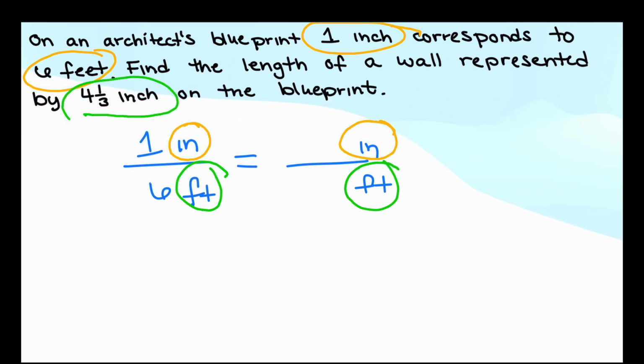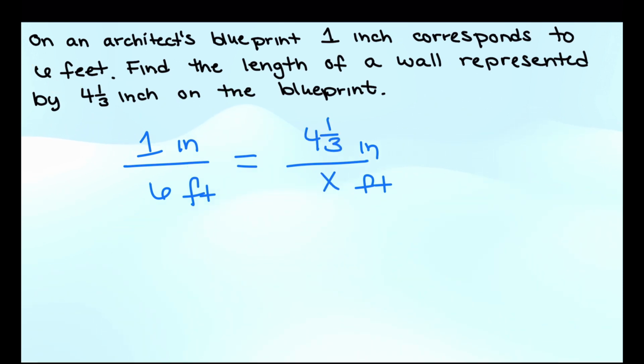The units, that inches, tells me that the 4 1/3 goes on the top on the right side of my proportion. That means my unknown, my x, has to go on the bottom of the right side. And there's my proportion. 1 inch goes with 6 feet, and that's going to equal 4 1/3 inches goes with how many feet?